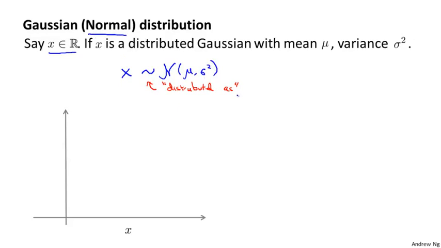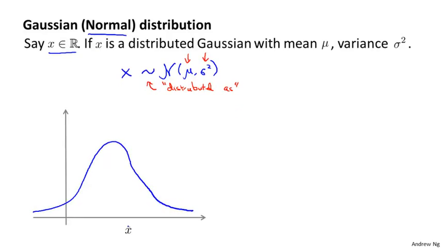And a Gaussian distribution is parameterized by two parameters, by a mean parameter, which we denote mu, and a variance parameter, which we denote by sigma squared. If we plot the Gaussian distribution, or Gaussian probability density, it'll look like the bell-shaped curve, which you may have seen before.